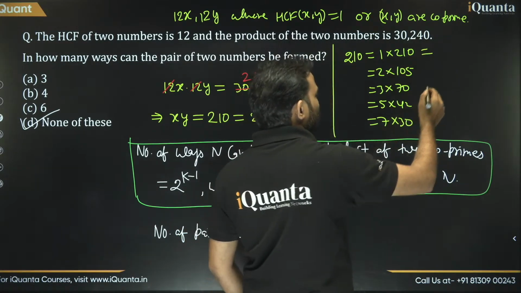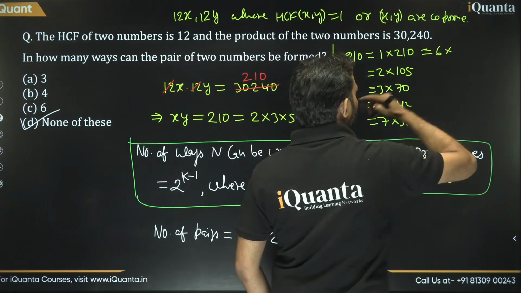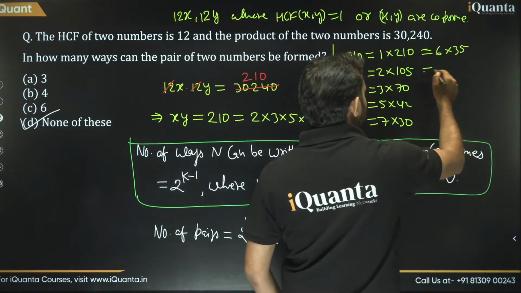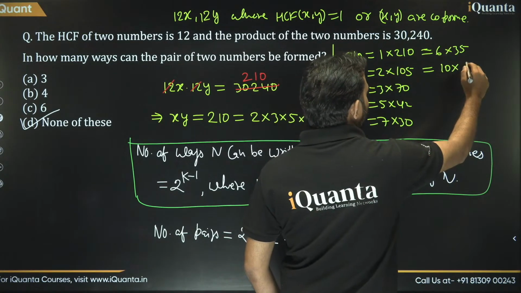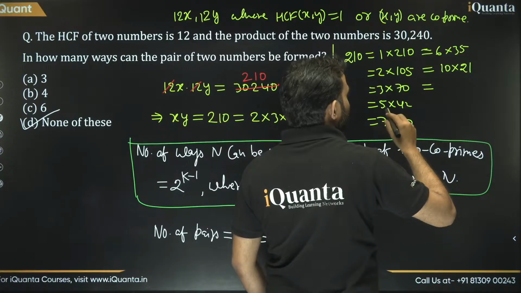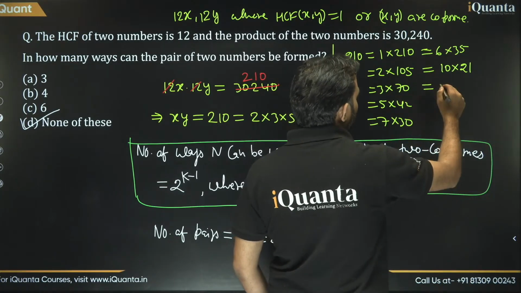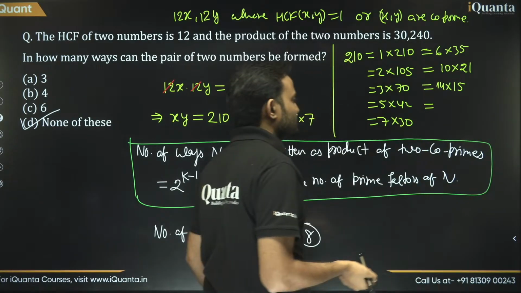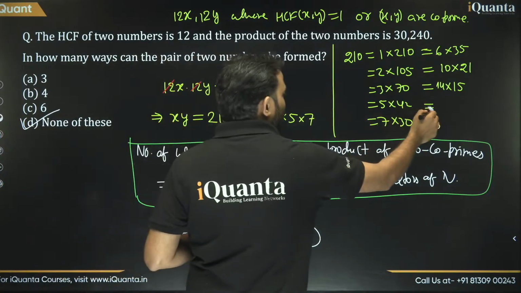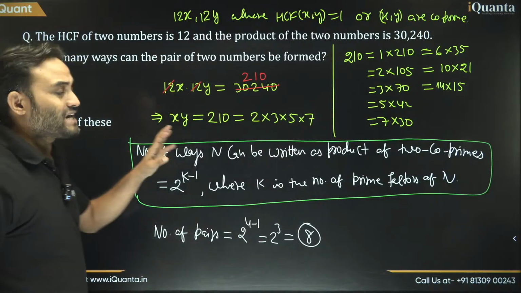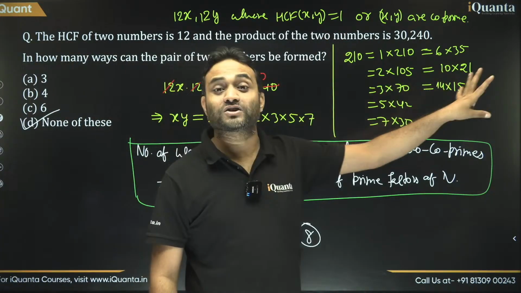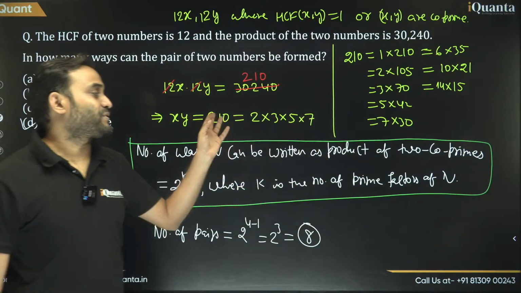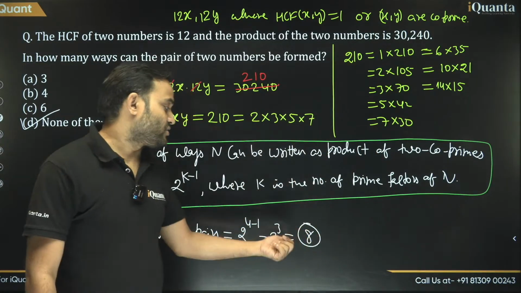Then you will also have to take 6 into 35, then 10 into 21, then 14 into 15, then that's it. These are the ways. Then you will have to count them one by one, to see in how many ways 210 can be written as a product of two co-primes. But if you know this, you can check how many prime factors there are for 210 and directly find the answer, right?